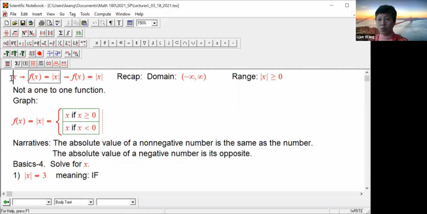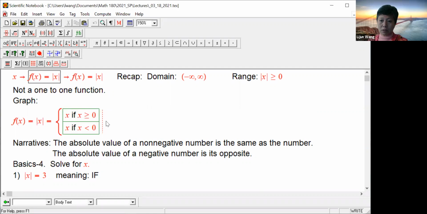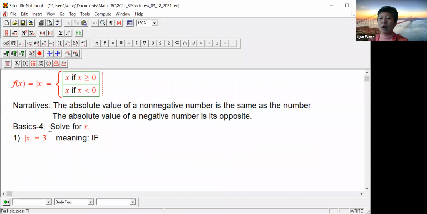So we know this rule, and according to this rule we have this observation. This statement has conditions, a conditional statement. Now, when we come to solve for X, it's an if statement.